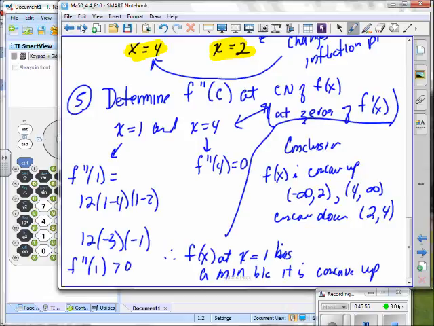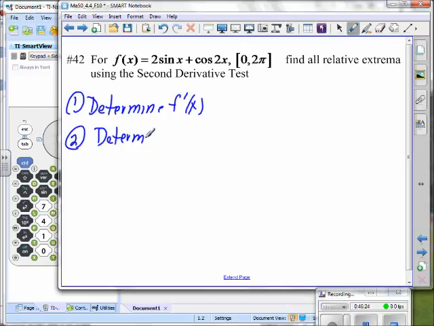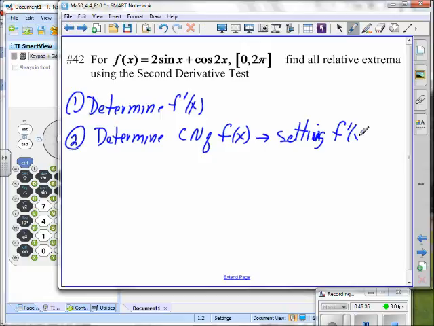Speaking of which, if I give you that problem, could you work your way through it? Find our extrema using the second derivative test. What's the first thing we need to do? Determine the first derivative. What's the second thing we need to do? Determine critical numbers of the function by setting first derivative equal to 0.